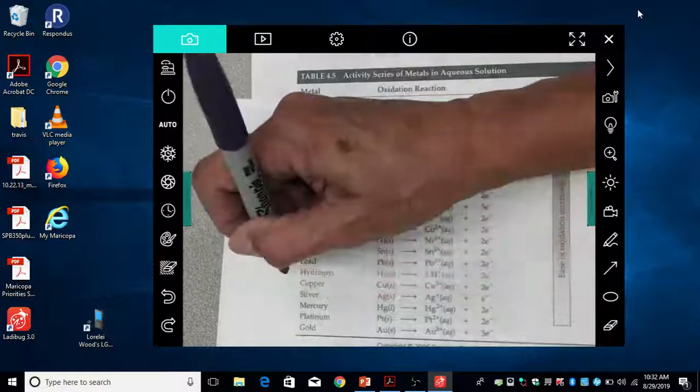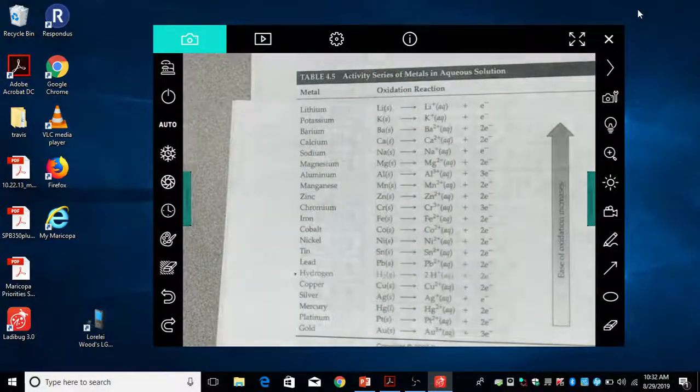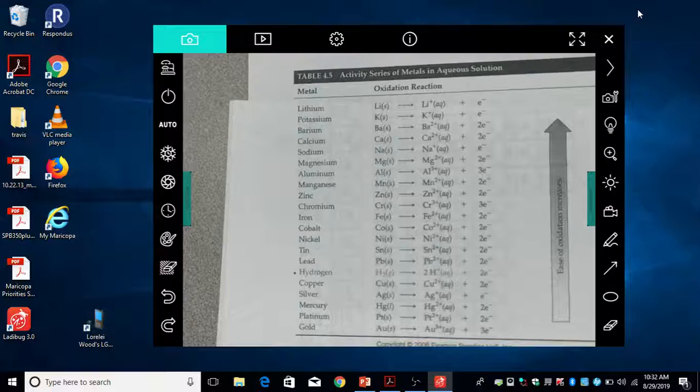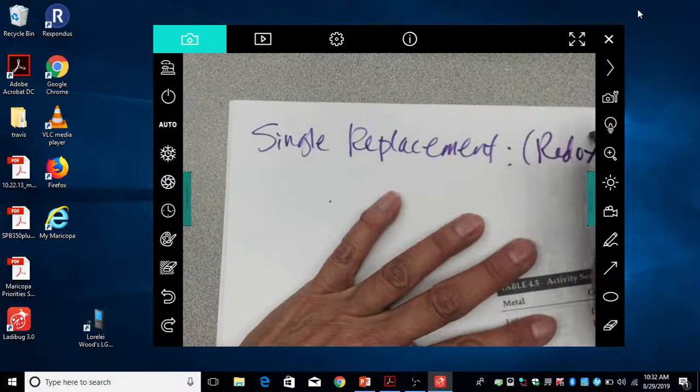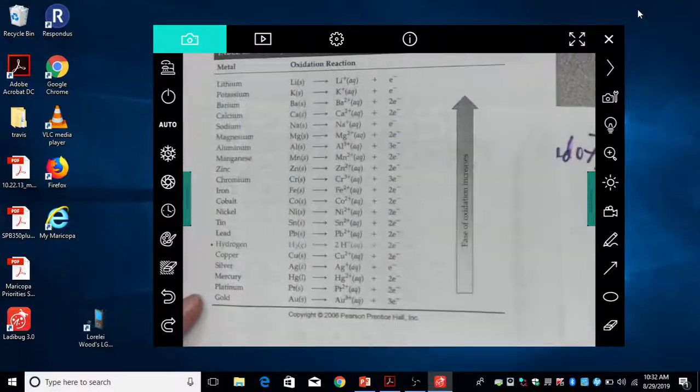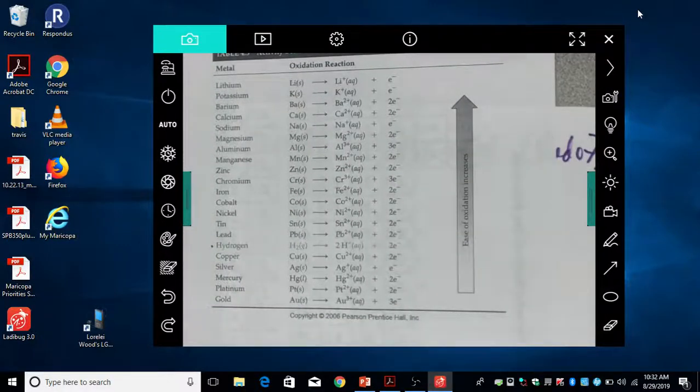Hydrogen's the only one that's not a metal, and hydrogen has a special place on the activity series. And it tells you which elements are most likely to react. Okay? So if you look, the arrow says ease of oxidation. And that's what a single replacement reaction is. It is a redox reaction. Okay, so you're talking about the ease of oxidation. And oxidation occurs when oxygen bonds to metal.